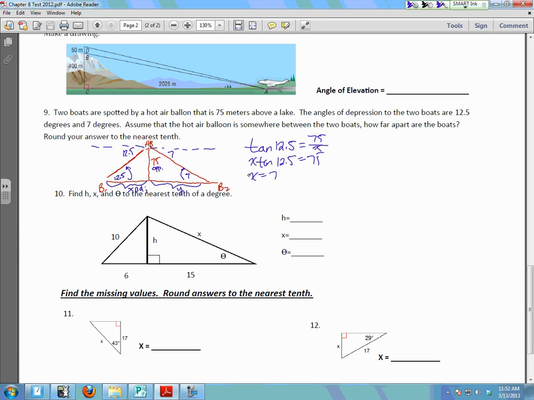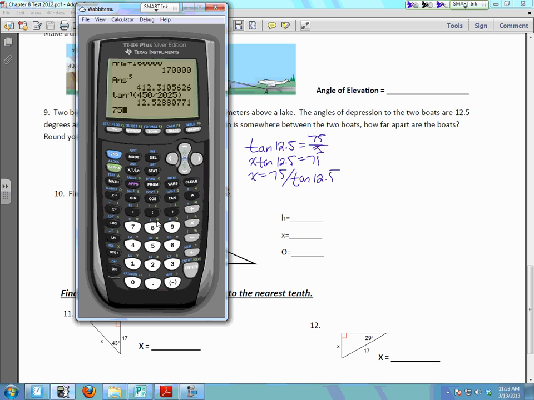So x is going to be 75 divided by tangent of 12.5. Take your calculator: 75 divided by tangent of 12.5. Close it, hit enter. You get 338.30.